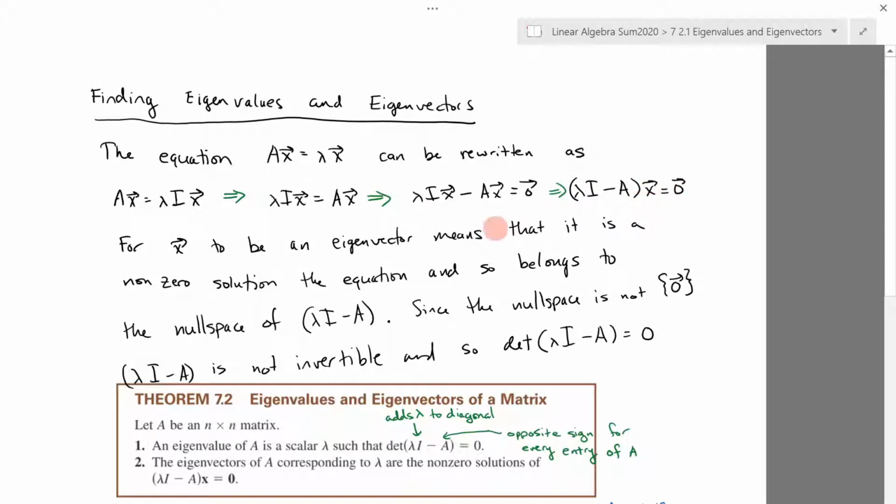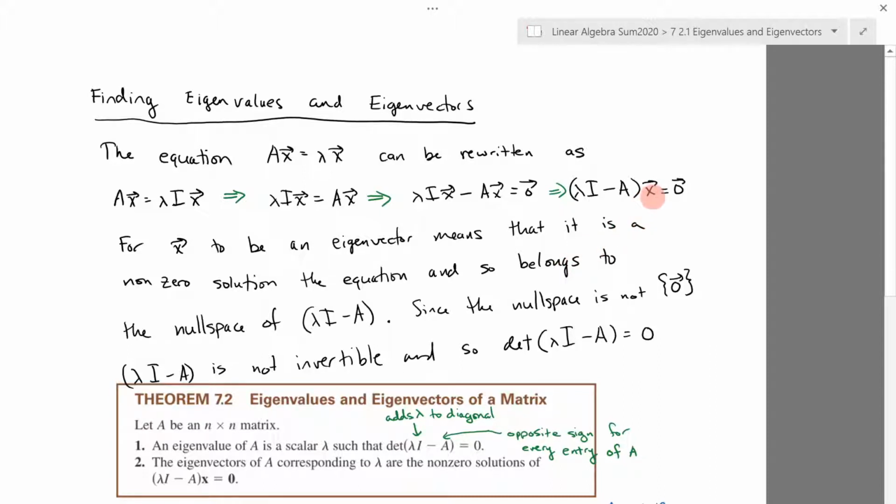So what this means is that for x to be an eigenvector, it has to satisfy this equation, which means that x belongs to the null space of this matrix, right? Because the null space is just all solutions to something times x equals 0.